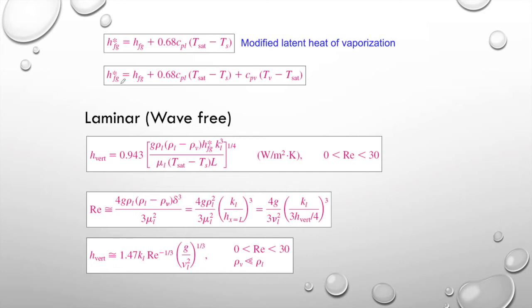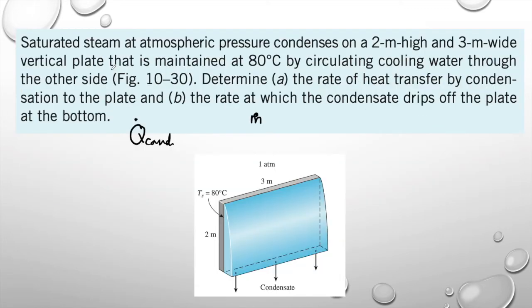The second h star fg is for superheated vapor. The first one is for the saturated liquid, which is below the T saturation. Your problem is below T saturation. The second one is above T saturation, for superheated vapor. Now take a look at this question. Is it superheated vapor?